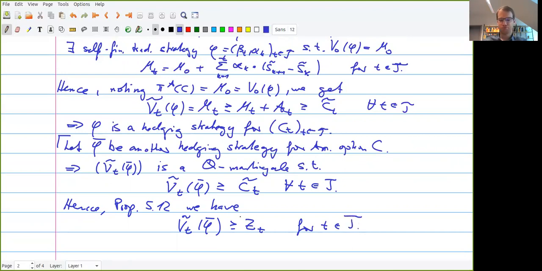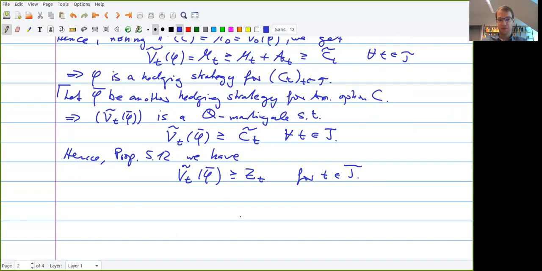Okay. But this means we're actually done. We see also at time 0, the initial value, in particular, this equality holds for the price at time 0. So if we put here the price at time 0, we know that this hedging strategy requires a greater or equal initial capital than our hedging strategy from the first part of the proof.